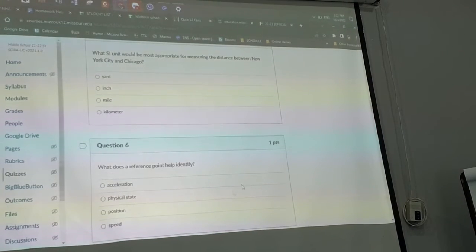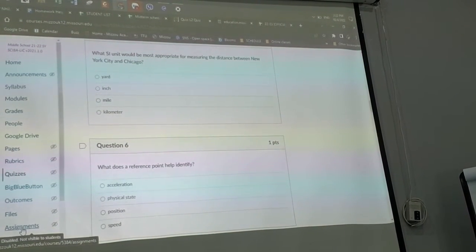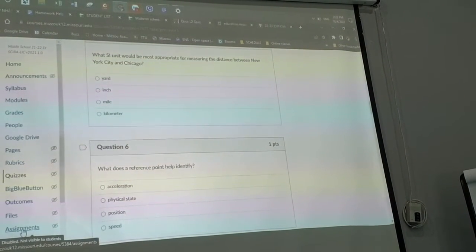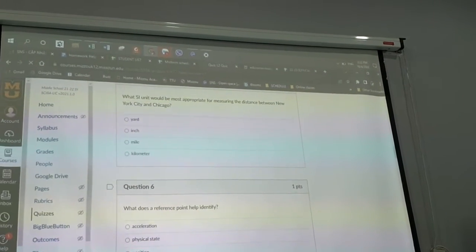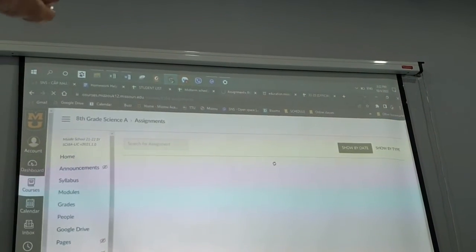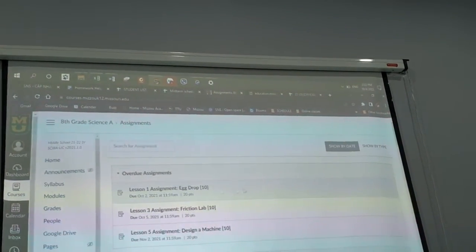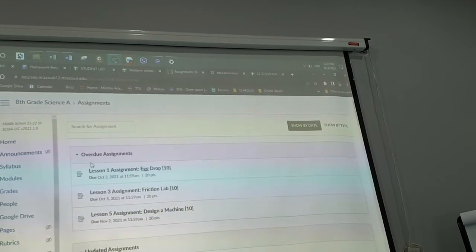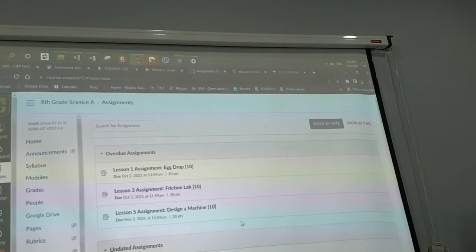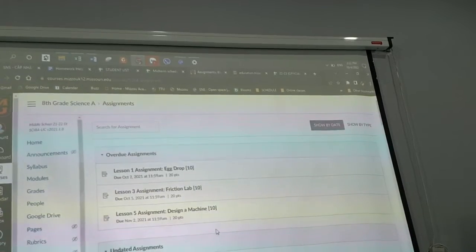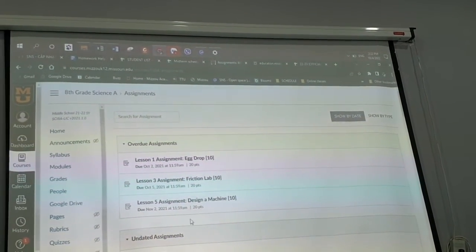And sometimes the teacher makes you do it in class or on the computer as homework. Assignments, or your test. With that question at the top of the screen you just showed, that quiz, they were asking about measuring distance, and it asked what unit the student uses.